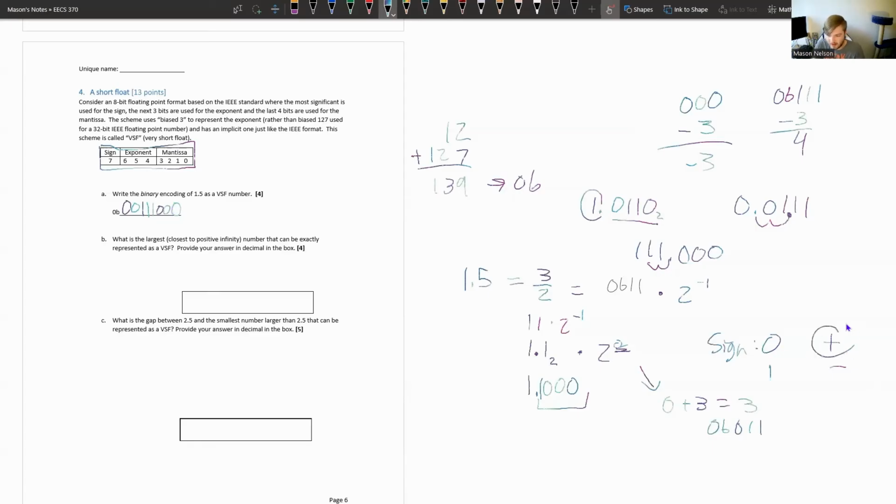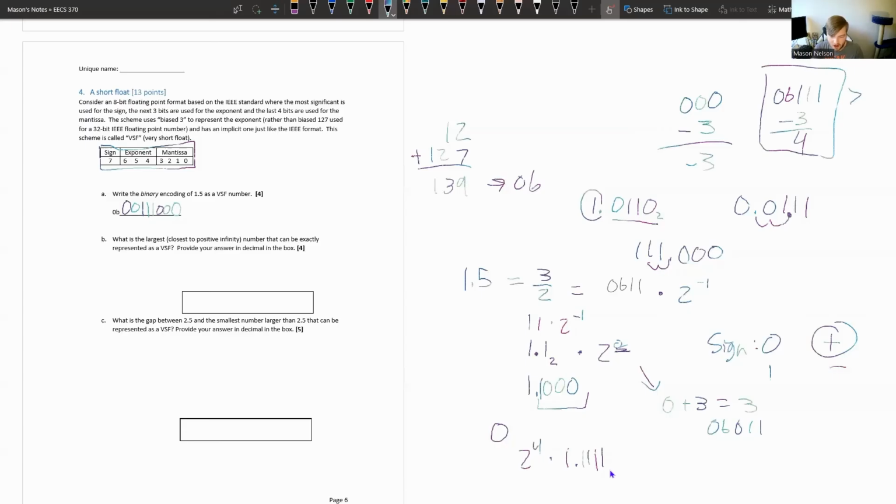We make it positive, so our sign bit will be a 0, and then our exponent needs to be as large as possible. So this exponent, the largest we looked at earlier, is going to be 111, which represents 2 to the 4.